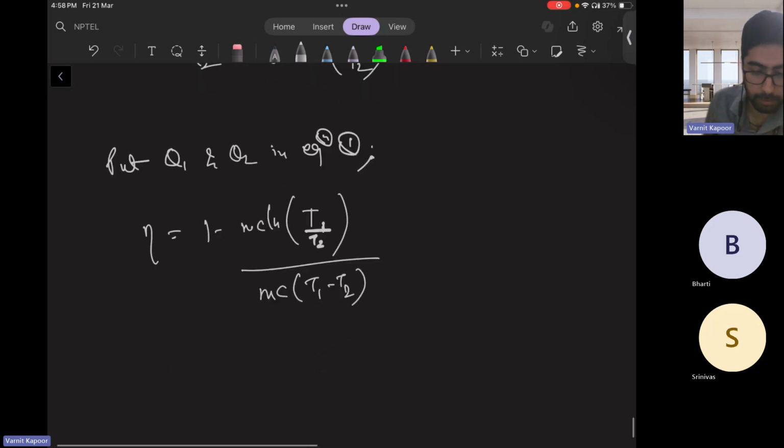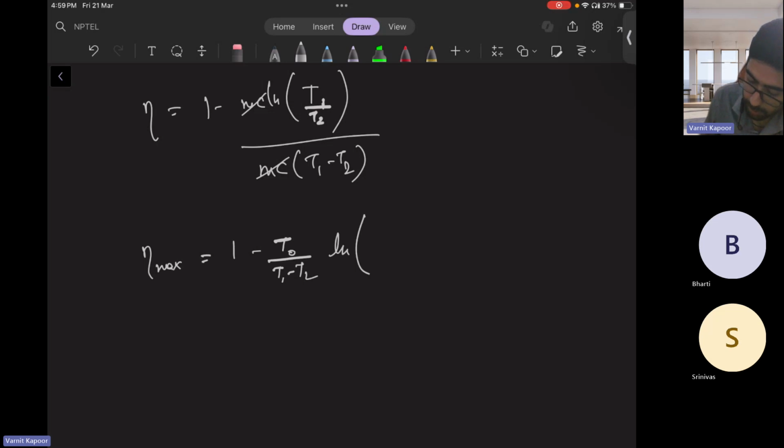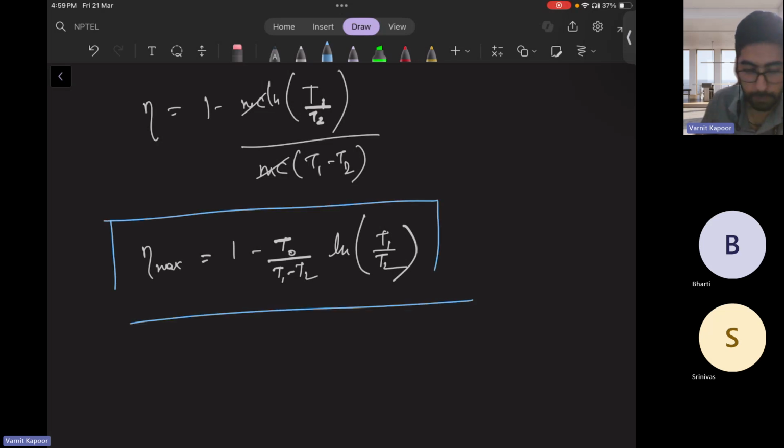If you put all the values, you will get your final expression, that is the maximum efficiency. mC cancels out. So the maximum efficiency comes out to be the result required, that is 1 minus T naught by (T1 minus T2) ln(T1 by T2). That was required.